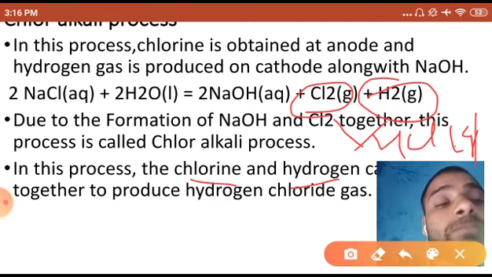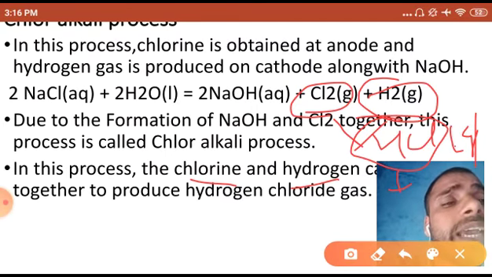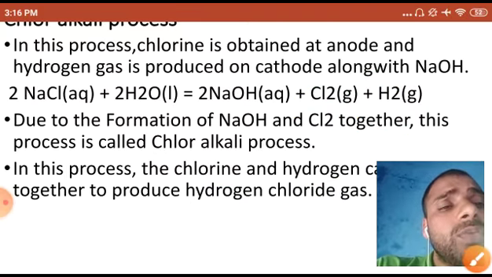So this one is HCl gas, but I will not say to make this HCl. Why? Because HCl is unstable. Again and again it will break down into hydrogen and chlorine. So it is not good to write chlorine and hydrogen combined. Okay, so we have written that.